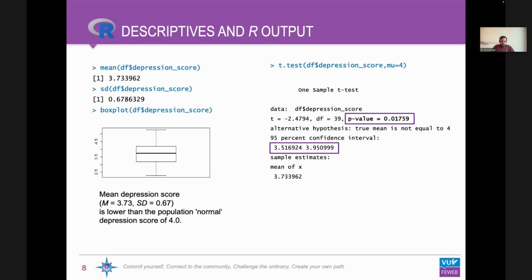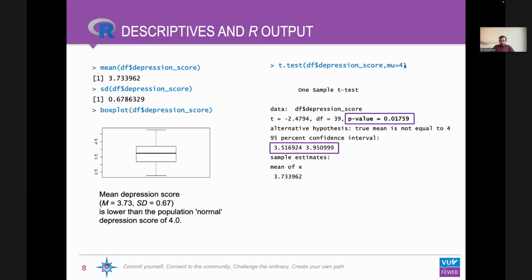Why is it a two-sided test? This is the default option in the t-test function. So we could have also done a one-sided test, but then we also need to add an additional argument here. In any function in R, you always have parameters of the function, meaning that before the first comma, you need to put your data.